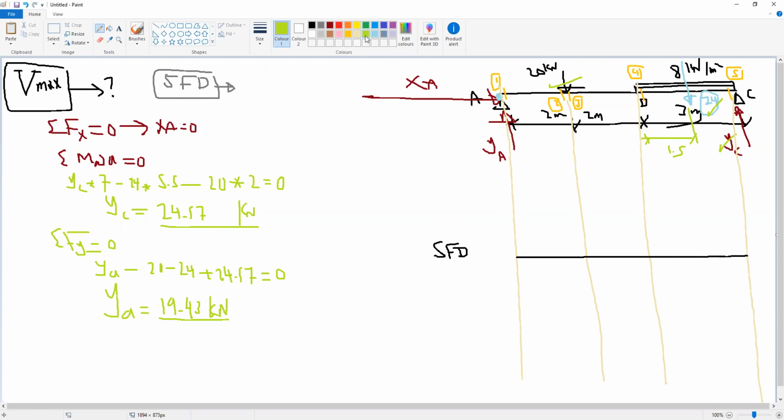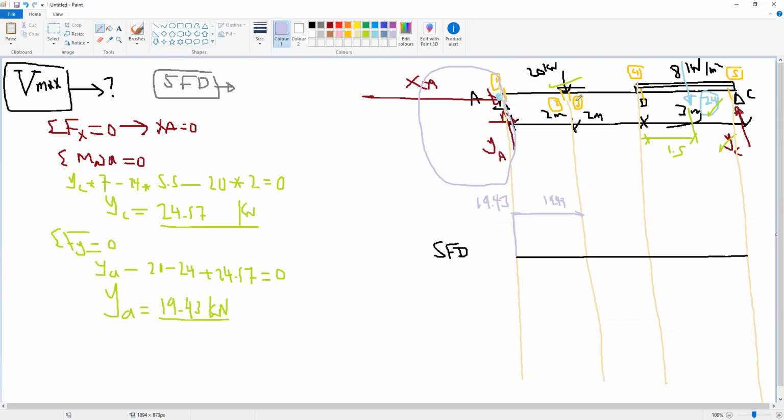What is causing shear at section 1? If we calculate from this direction, we have YA, 19.43 kilonewton. From cut 1 to cut 2, we don't have any applied load, so a straight line parallel to the datum at 19.43.